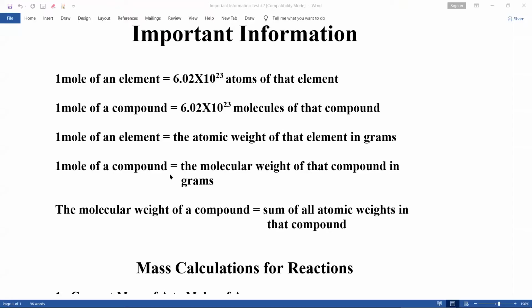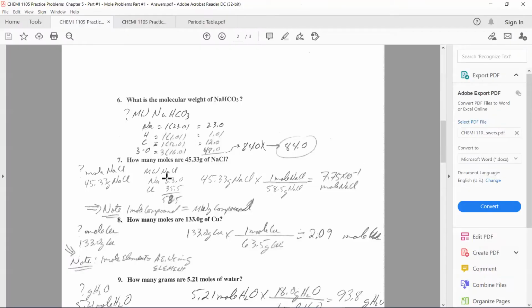1 mole of a compound equals its molecular weight in grams of that compound. So first I have to calculate the molecular weight of sodium chloride, which is the sum of all atomic weights. And I can do that. MW is shorthand for molecular weight. Sodium chloride, 1 sodium, 1 chlorine, atomic weight of sodium to 3 significant figures, 23.0.